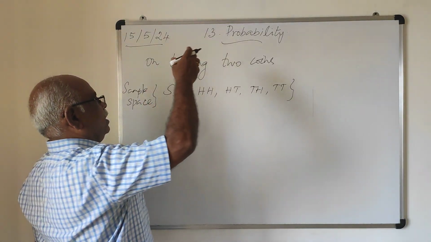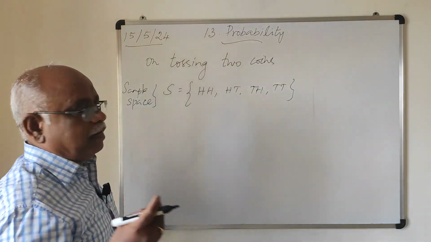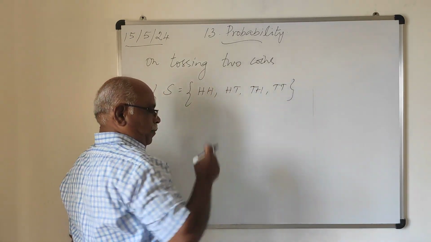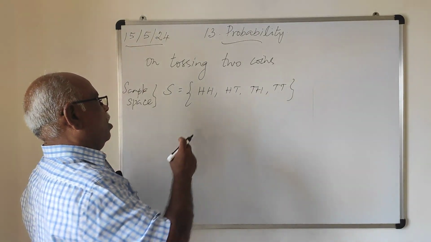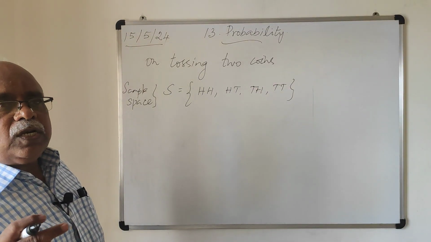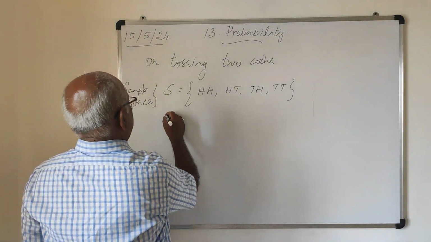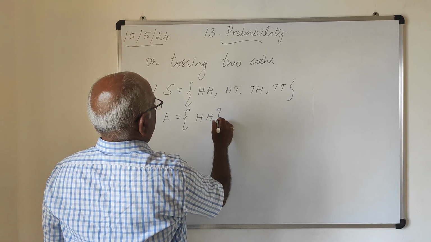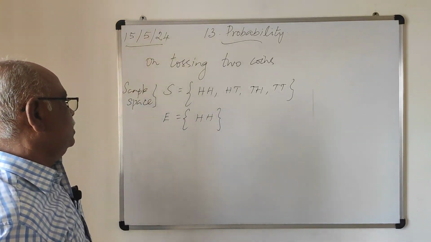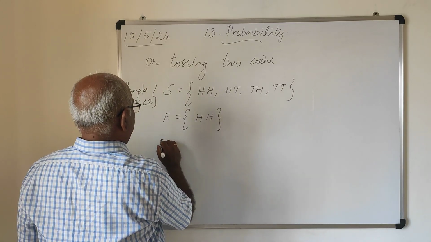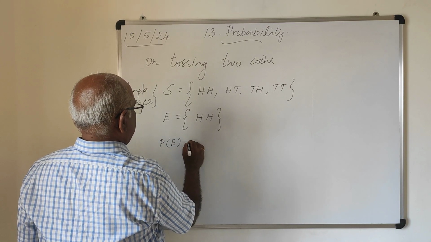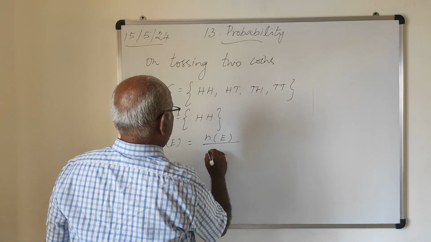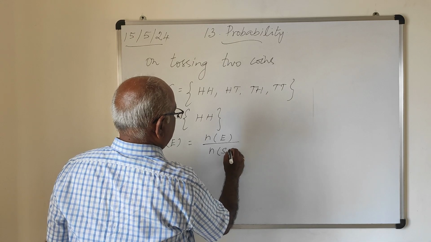So any event in the sample space is our favorable event. While tossing two coins, getting two heads is a required event. So HH is a favorable event. The probability of the favorable event E is the number of favorable outcomes for that event divided by the total number of elements in the sample space.